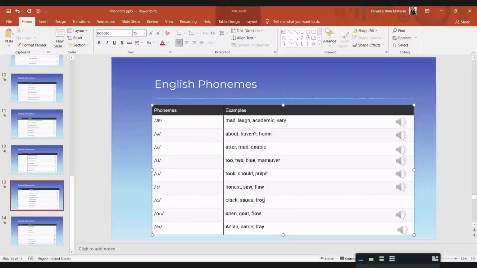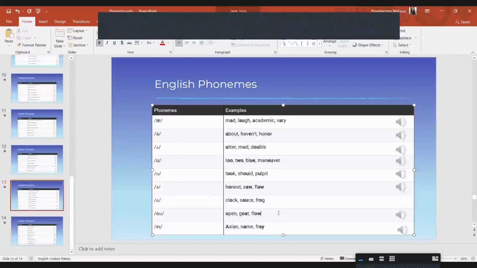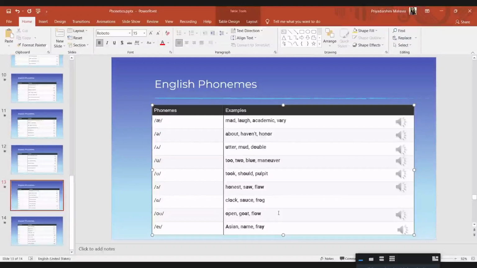Okay. Now let's look at this one. It's an O sound. So open, goat, flow. Why is the W also highlighted in flow?